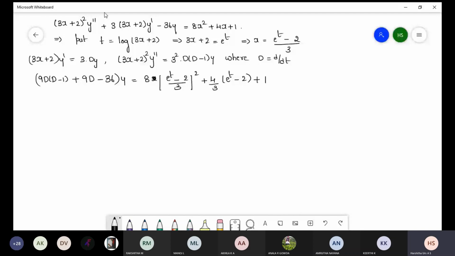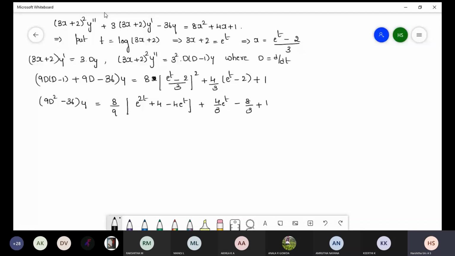So 9D², here now −9D plus 9D will get cancelled, remaining will be −36y. 8 into, split this one, 3² means 9, e^(2t) + 4 − 4e^t. Here (4/3)e^t − 8/3 + 1.